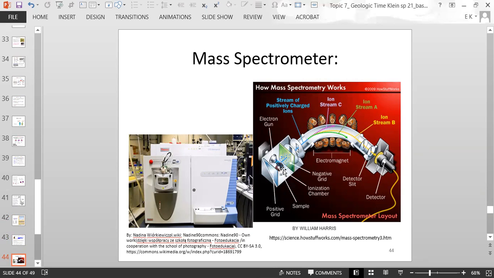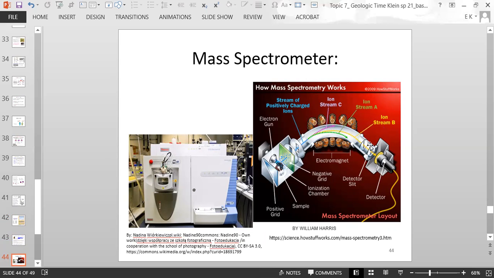The sample goes here, it ionizes the sample, and then the ions are shot through this curved tube. And depending on the weight of each ion, they will move through the tube in a different way. So you collect the different ions in different spots, and then the machine counts them.